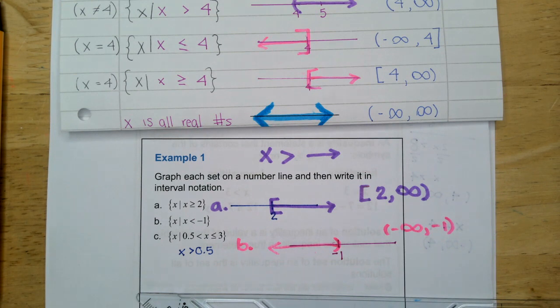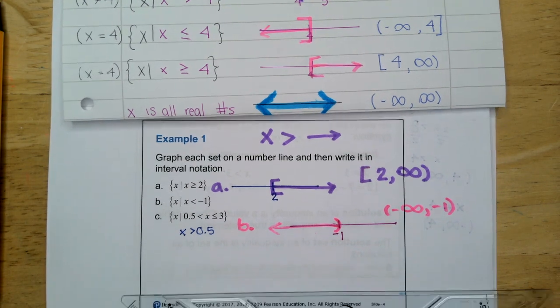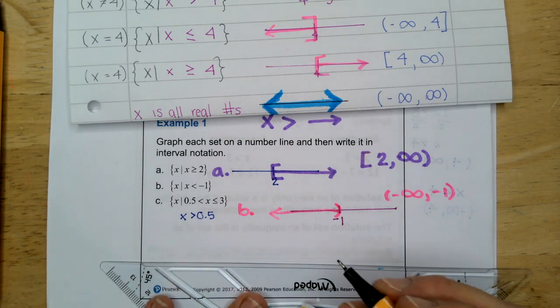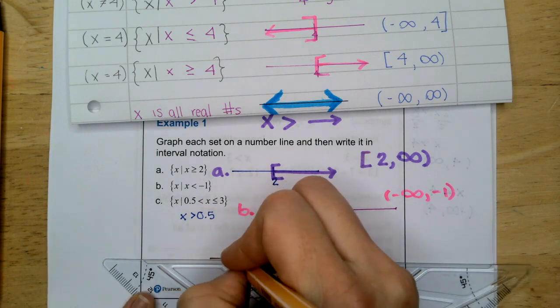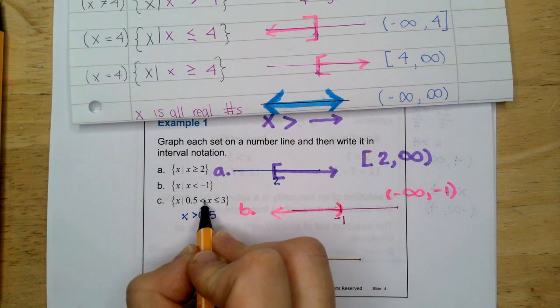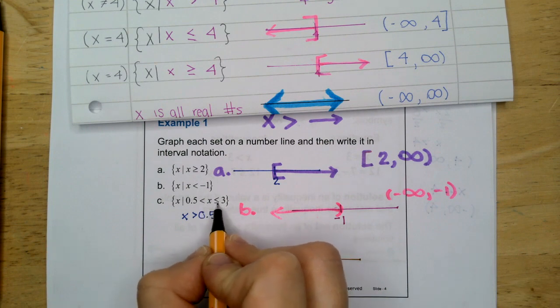C is a compound inequality. We will talk about those more next time. I'm going to skip over this part. X is less than or equal to 3.